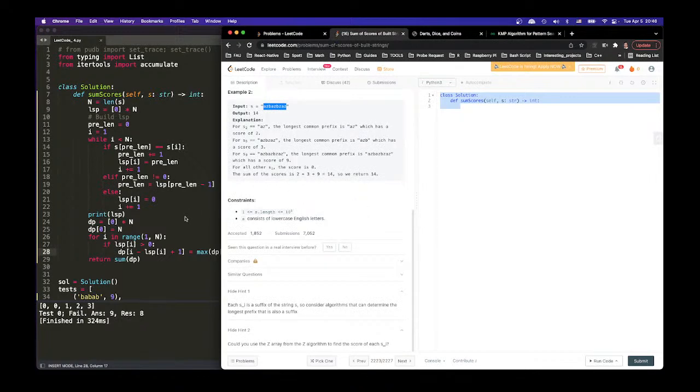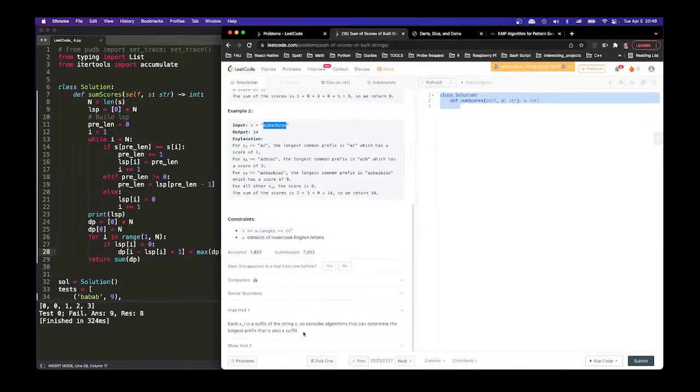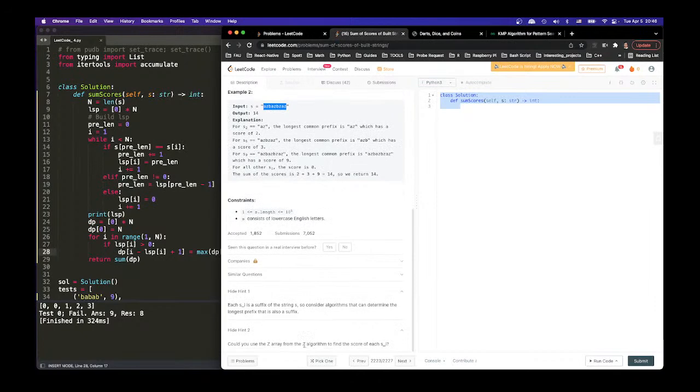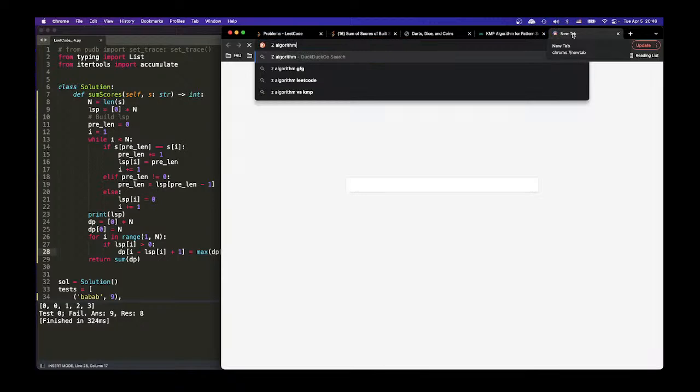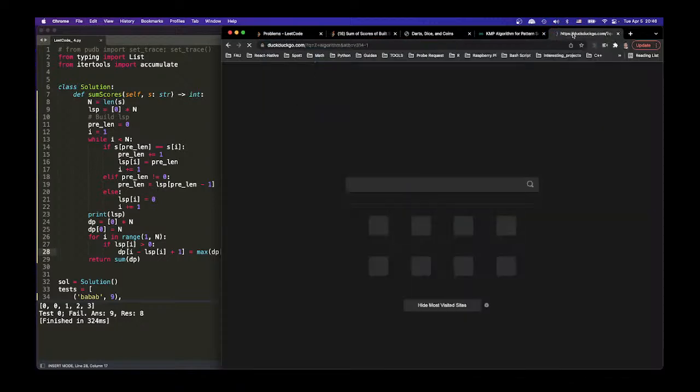Like this, and it's still not working. And what the hell is this Z algorithm? Like, seriously, what is Z algorithm? Could you use a Z algorithm? I'm just curious. What is Z algorithm? Oh my god, it is an algorithm.